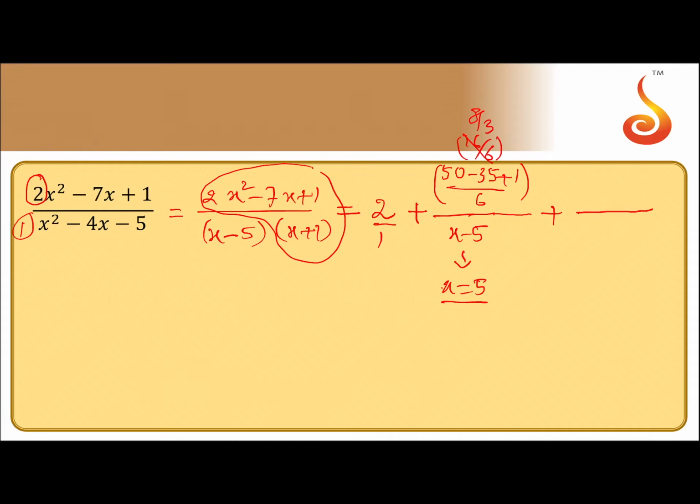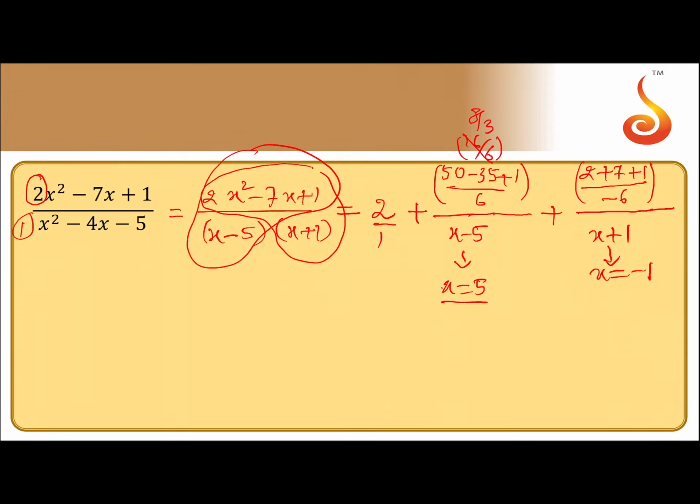And for the second factor x + 1, equating x + 1 to 0, x = −1, you substitute in the fraction other than x + 1. When you substitute −1, you get (2 + 7 + 1) divided by −6.